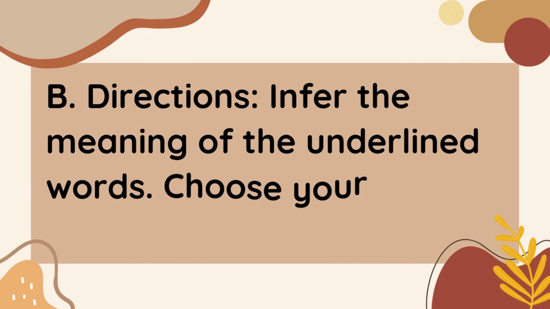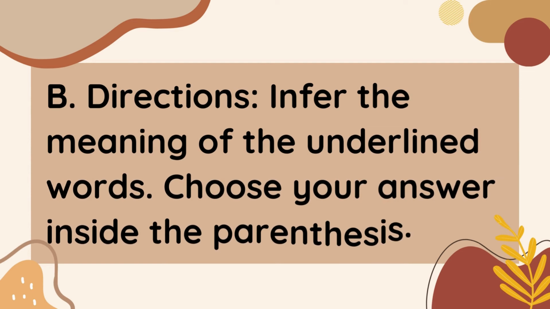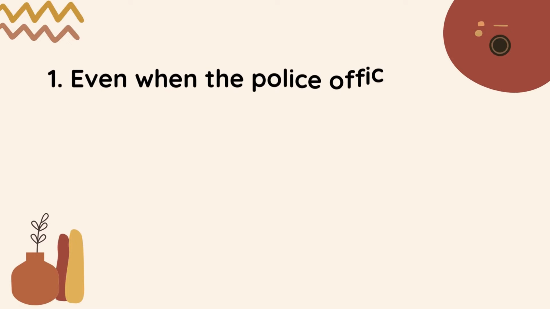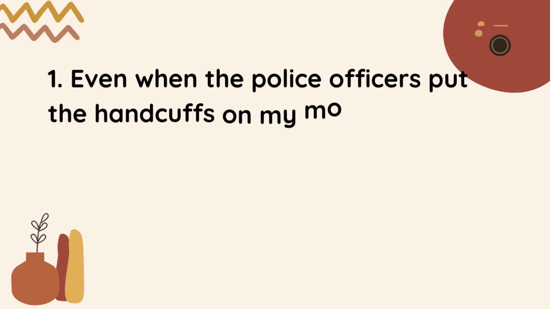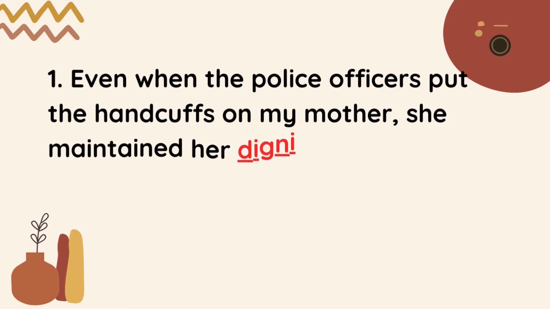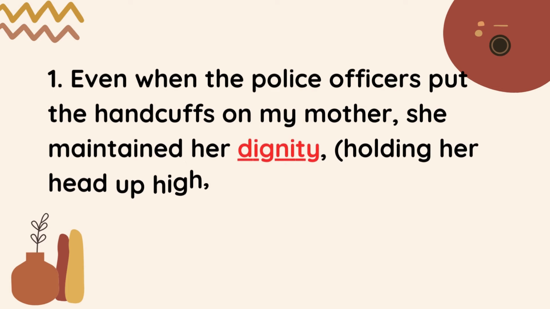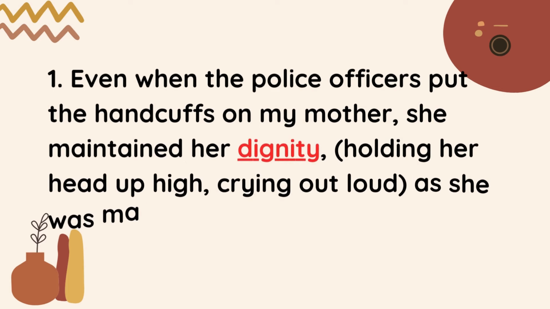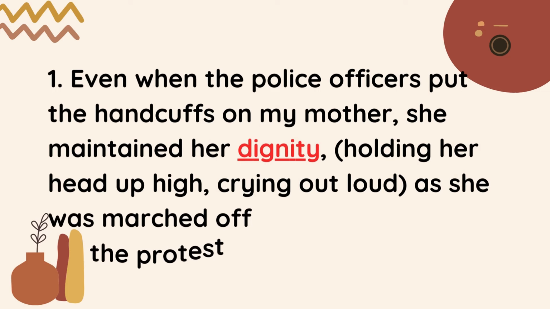Letter B, directions. Infer the meaning of the underlined words. Choose your answer inside the parentheses. Number 1, even when the police officers put the handcuffs on my mother, she maintained her dignity.